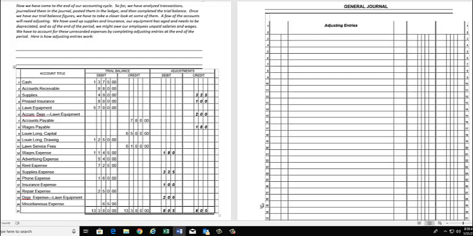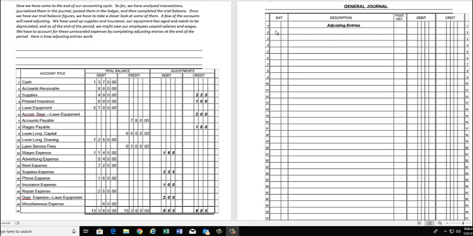Our worksheet helped us to create our adjustments, but it's really important that we journalize them in the journal and then post them to the general ledger to bring the general ledger accounts up to date. Over in our journal, on the top line in the description column, we want to list adjusting entries. So when someone looks at our journal, they will know that the entries that follow are adjustments, and we won't have to put an explanation after each one of our entries.